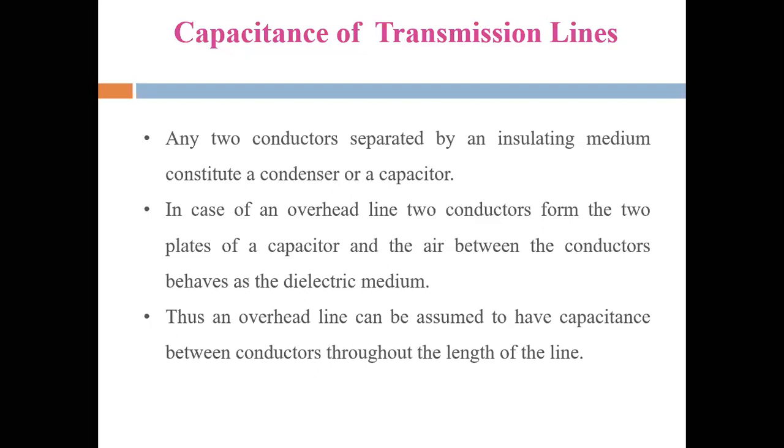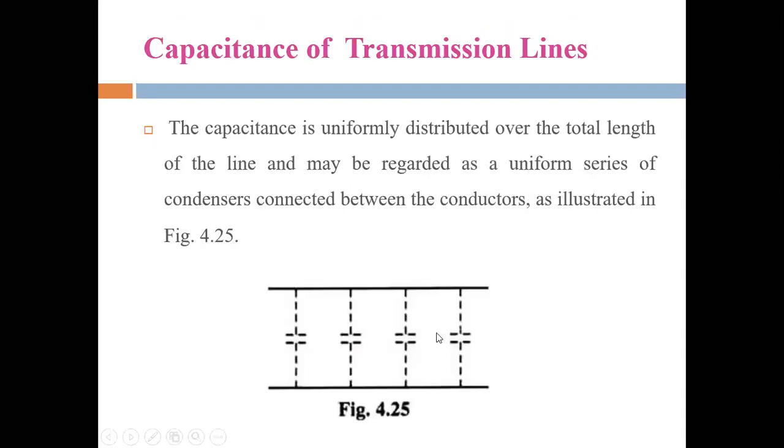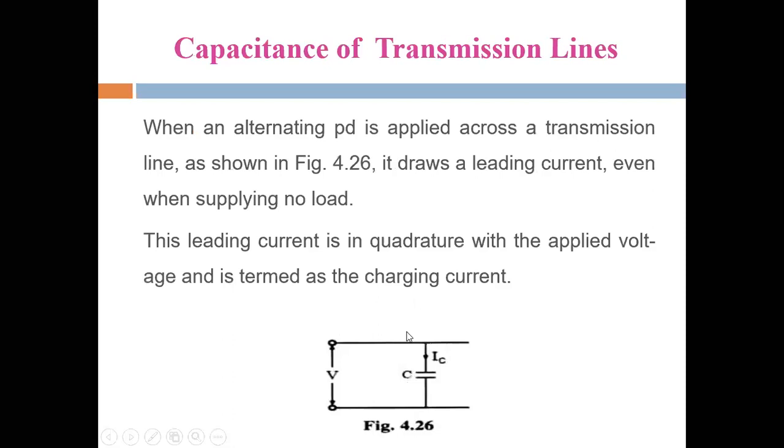In the case of overhead lines, the two conductors act as the two parallel plates of a capacitor. Therefore, the overall length of the transmission line has capacitance. Normally the capacitance stores energy in the electrical field.